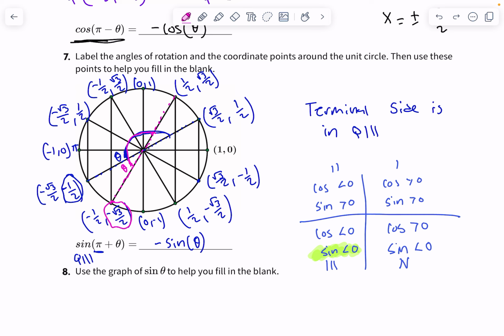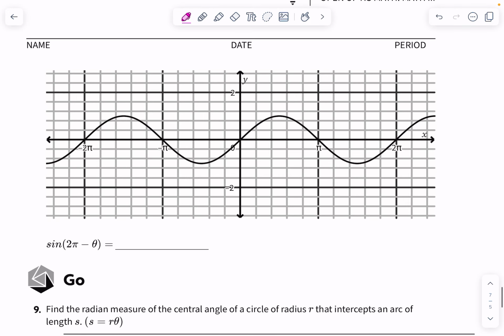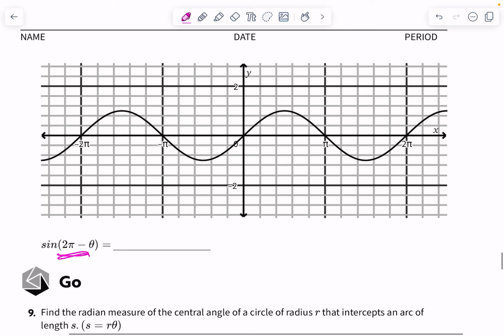Now, let's talk about the graph of sine of theta to help you fill in the blank. So sine of theta is 2 pi minus theta. I think it's important to realize that the period of a sine function is just 2 pi.